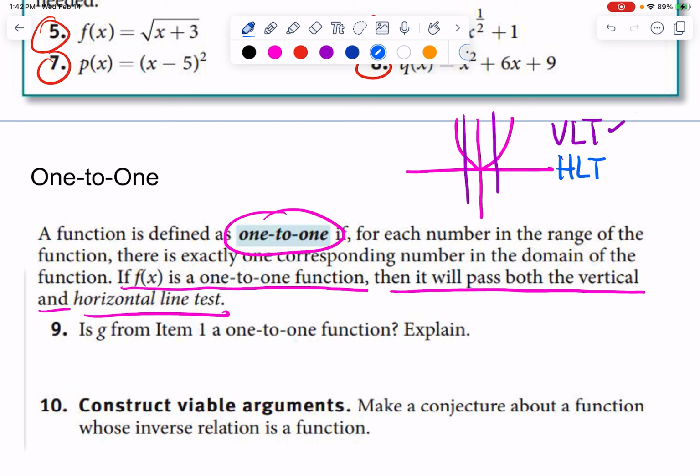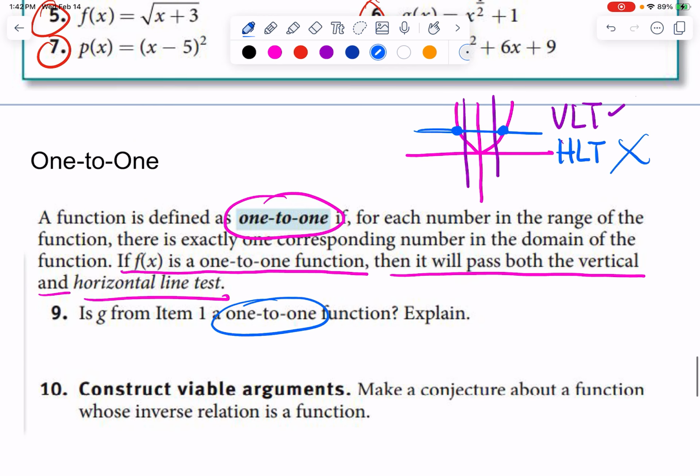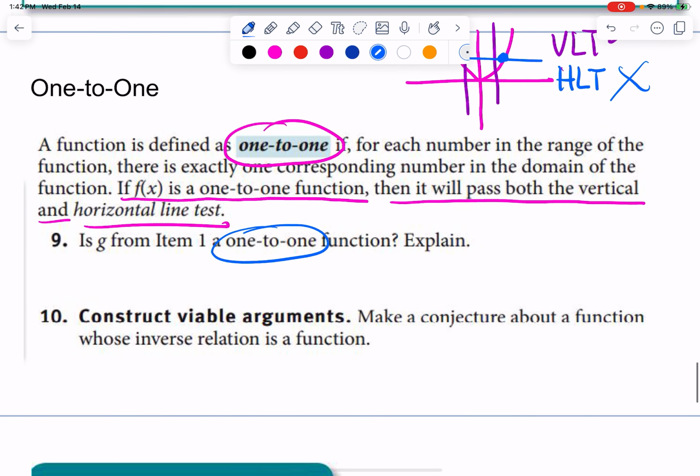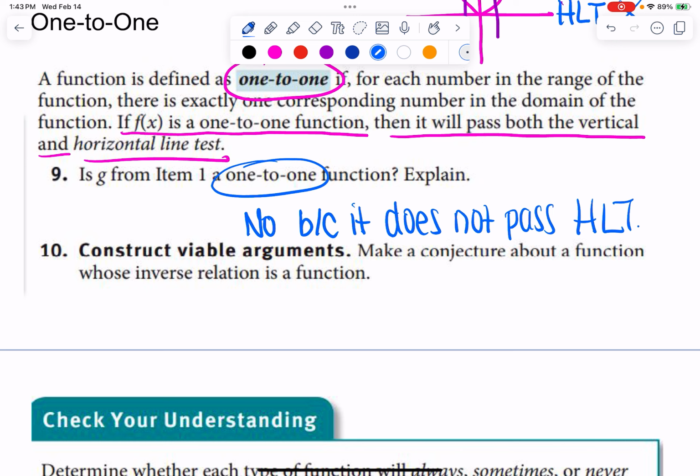If I draw a horizontal line and it touches in two or more places, which in this case it does, that does not pass. So in order for it to be one-to-one, it has to pass both the vertical and horizontal line test. It would be no, because it does not pass specifically the horizontal line test.